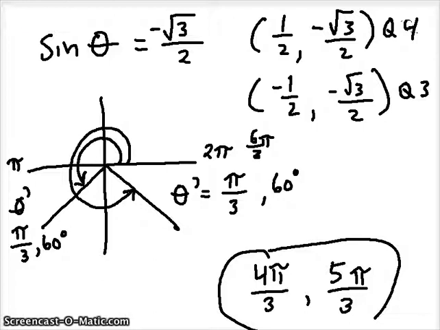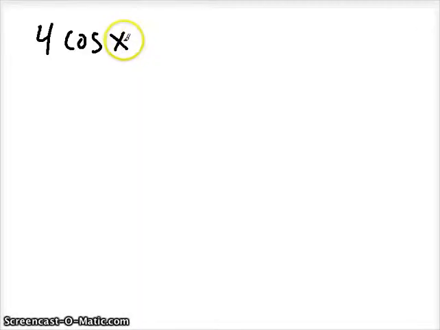Alright, let's do another one. This time we're going to have to solve a little bit. This time I'm also going to use x in place of my missing angle, not theta.